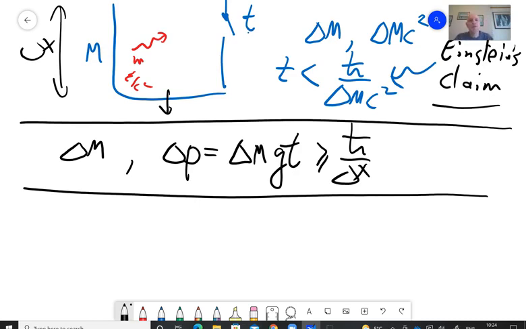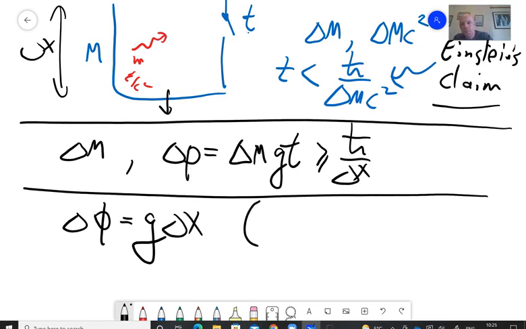So this system, we don't know the position of this system to arbitrary accuracy. There is some delta x. As a result, there will be uncertainty in the potential. Let's call it delta phi. Delta phi is the Earth acceleration g times delta x.